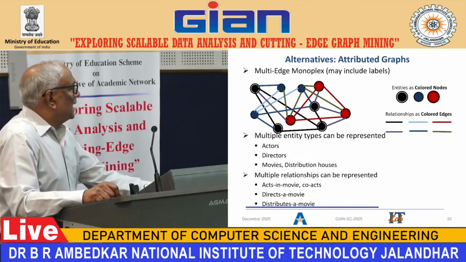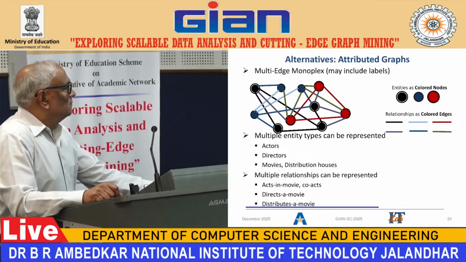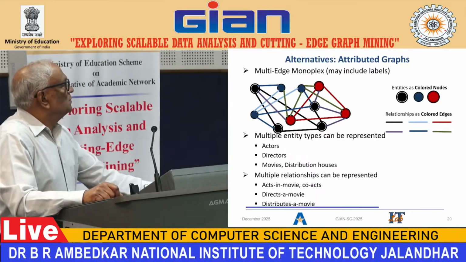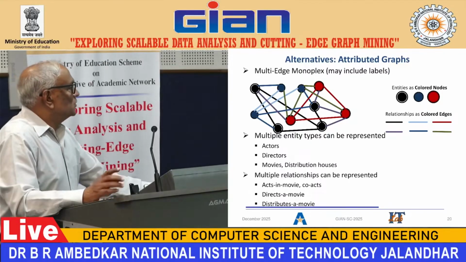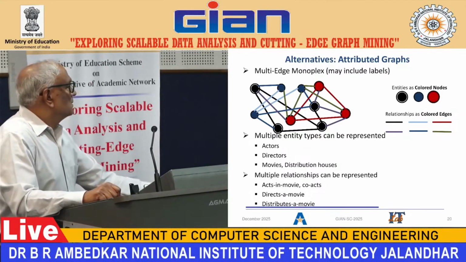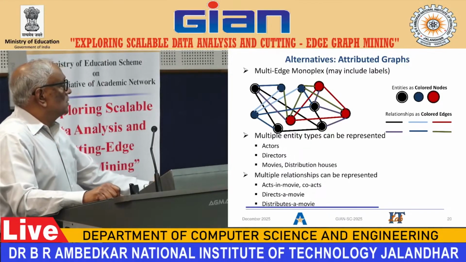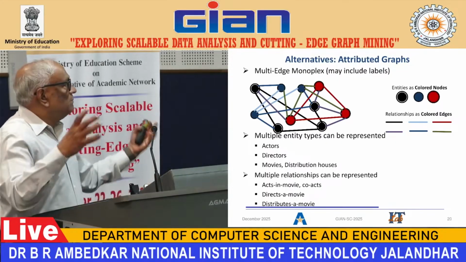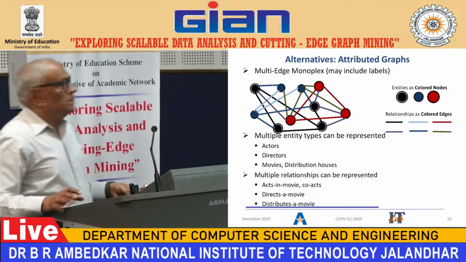Here is an example: actors, directors, movies, distribution houses. So multiple relationships can be represented. Acts in a movie, co-acts, directs a movie, distributes a movie. So there can be multiple edges between the nodes.